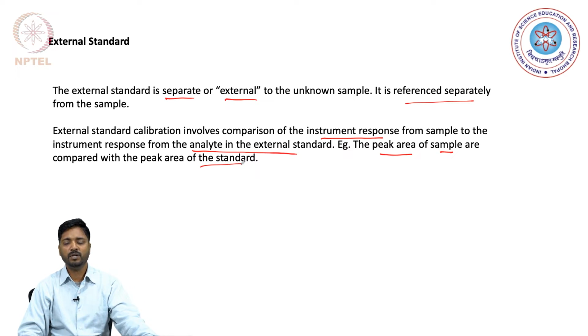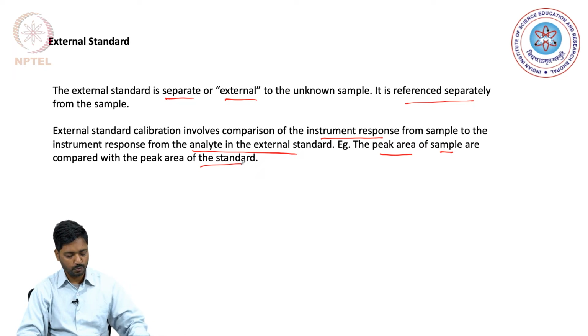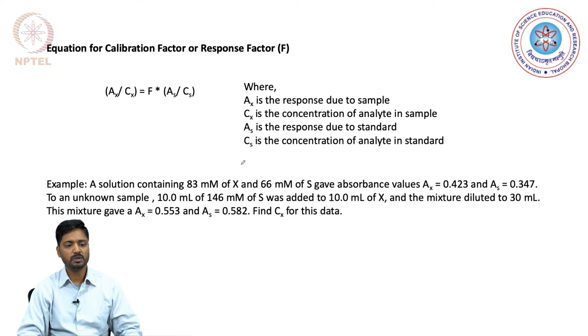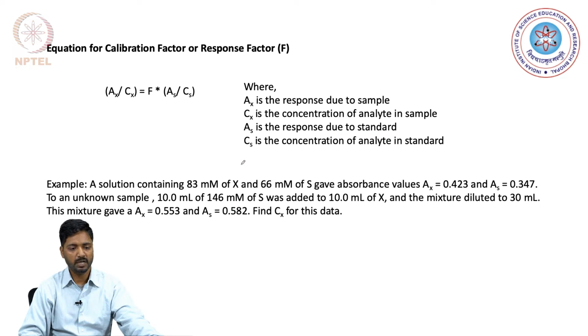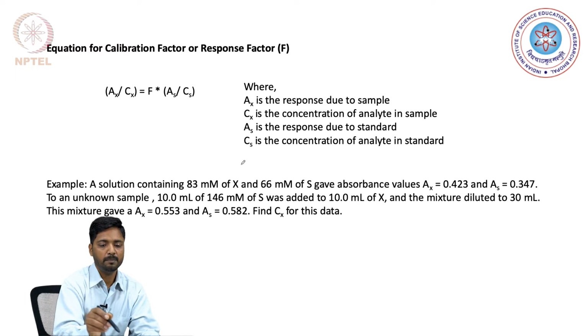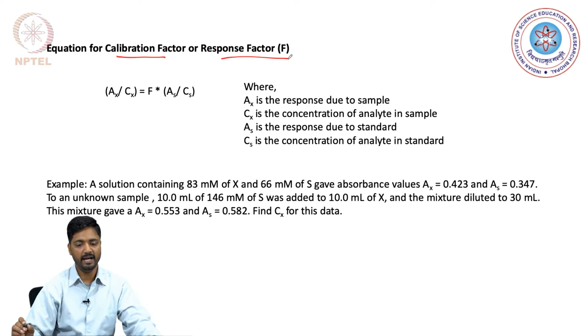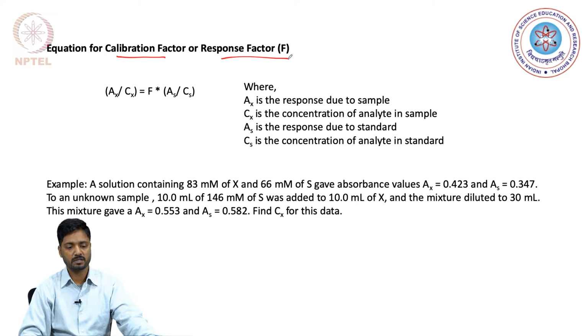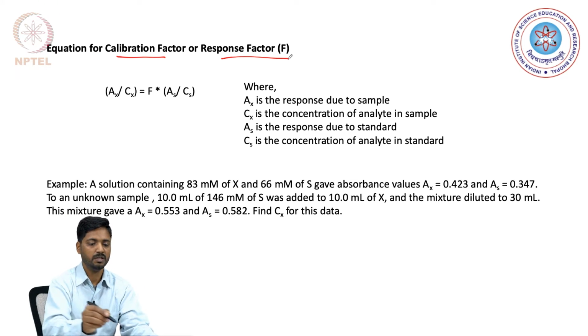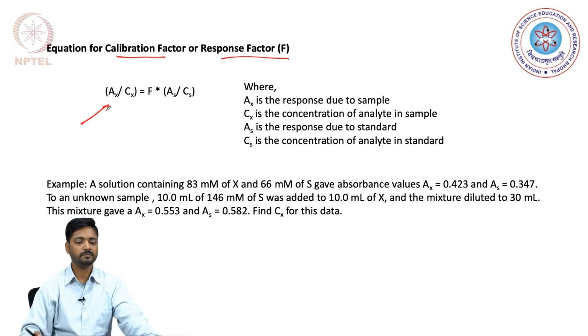Now, whenever we are comparing two peaks or two responses, we need to consider what is known as a calibration factor or a response factor f, and this is given by the equation shown here.